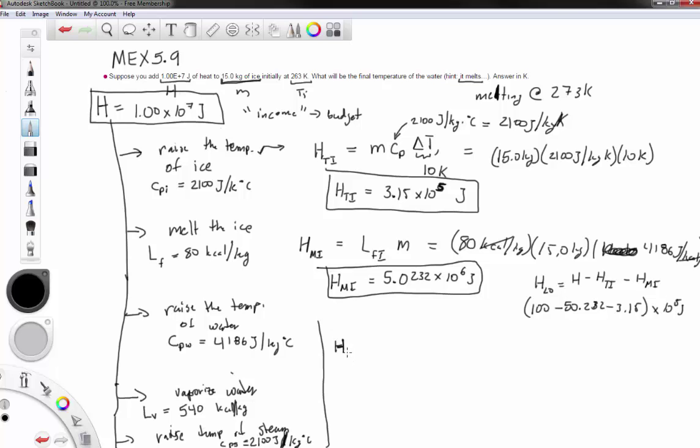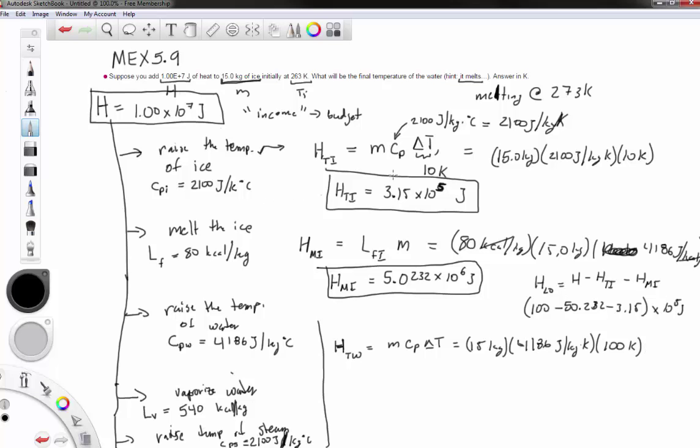So heat to raise the temperature of the water is mass times Cp times delta T for the water. And so this is 15 kilograms times the specific heat capacity of water, which was 4,186 joules per kilogram Kelvin, times we have to raise by 100 Kelvin to get it to boiling.